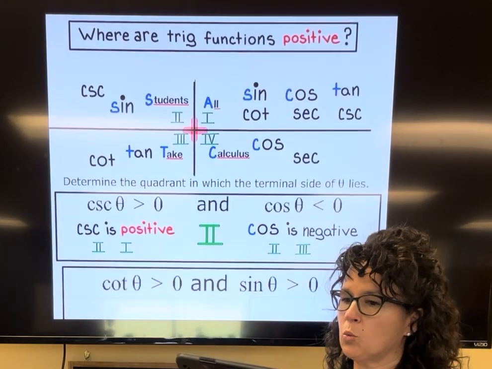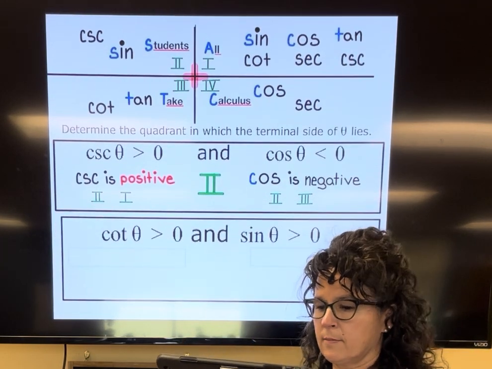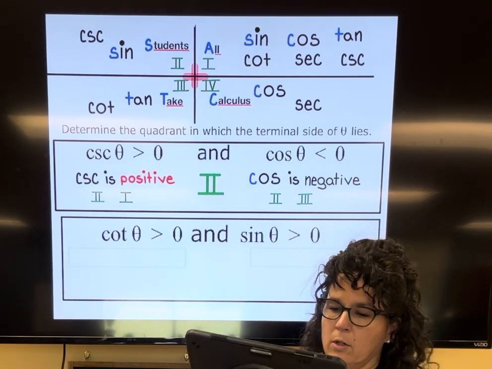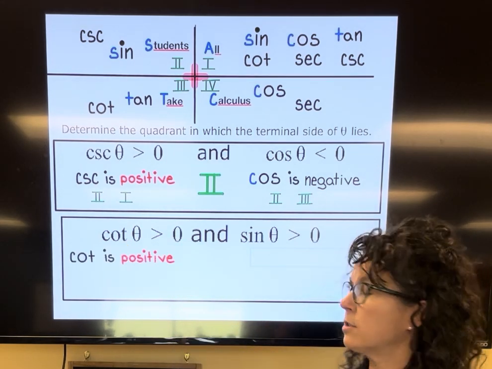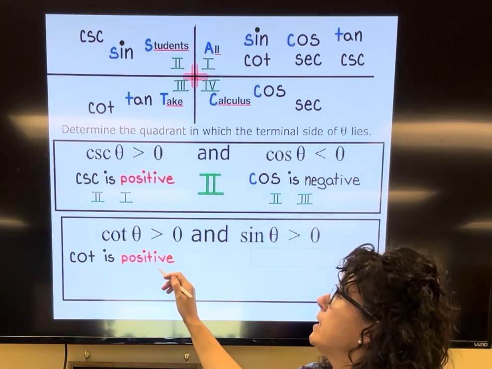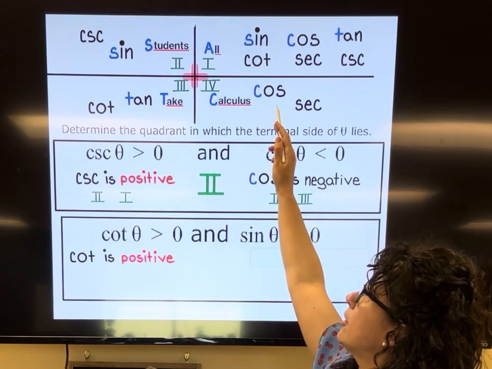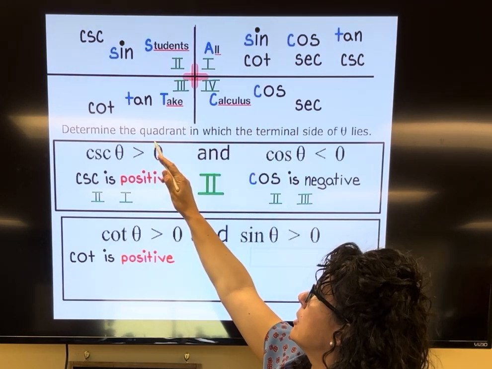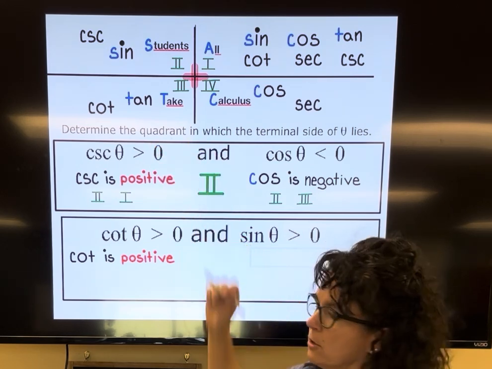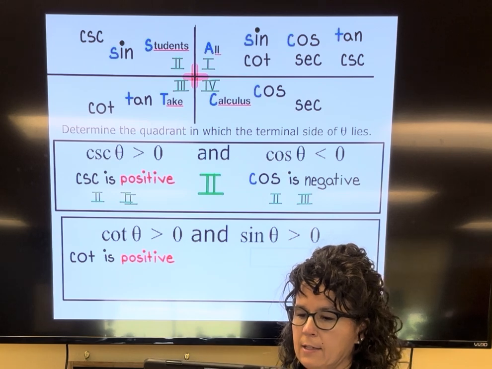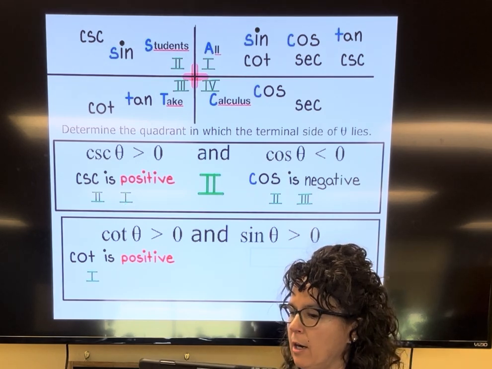Okay, so let's do just one more. Okay, this one says that the cotangent of theta is greater than 0, which is the same thing as saying that the cotangent's positive. So if cotangent is positive, all trig functions are positive in quadrant 1. Cotangent's positive in quadrant 3, so it's going to be 1 and 3 are my options there.